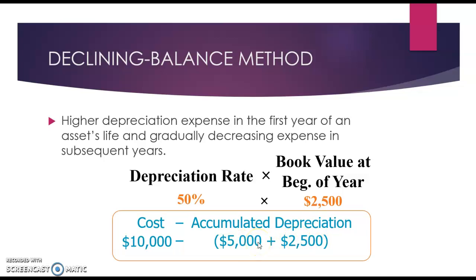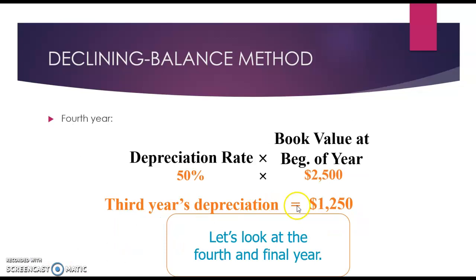The 5,000 we took in year one and the 2,500 we took in year two. So 10,000 minus 7,500 gives us 2,500 book value at the beginning of year three. We multiply that times 50%. And that gives us 1,250 for the third year.